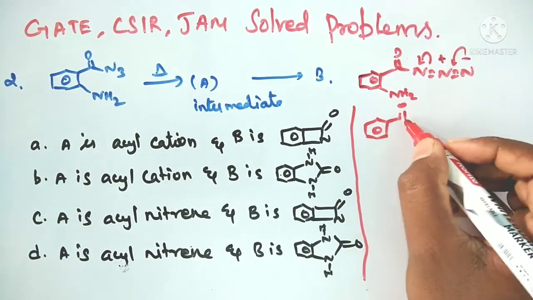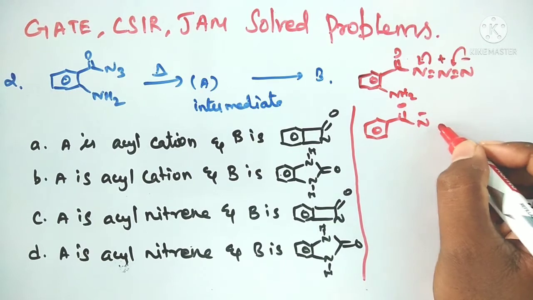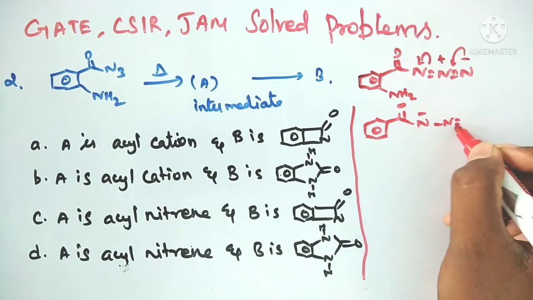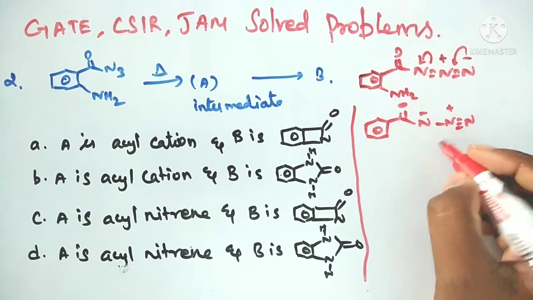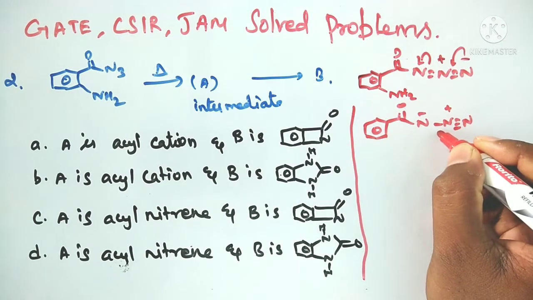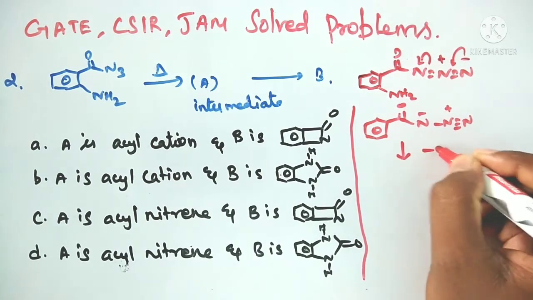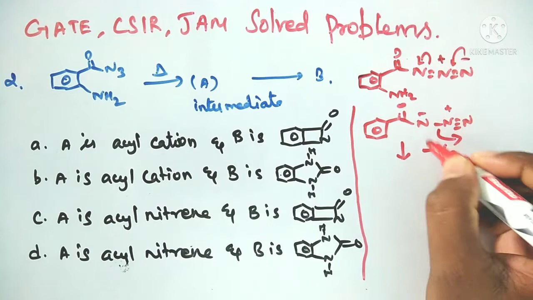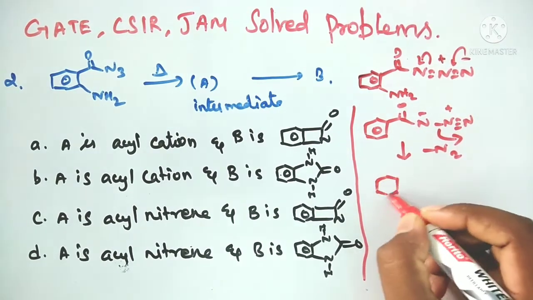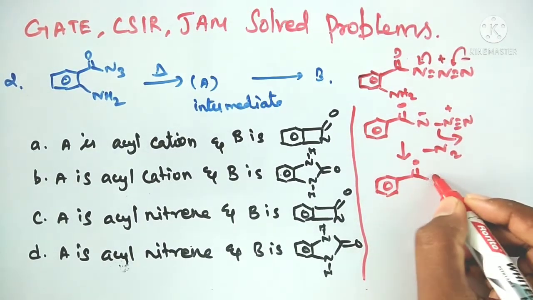So the next step is minus bond N triple bond N plus. Next step is elimination of nitrogen. So what you will get? Nitrene, right?